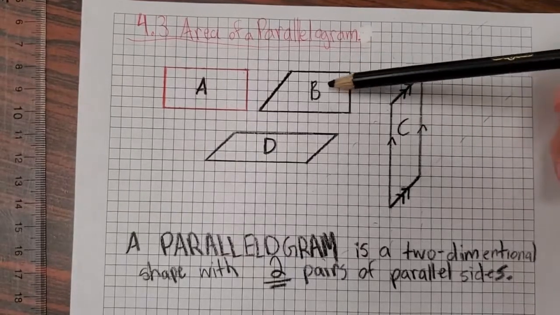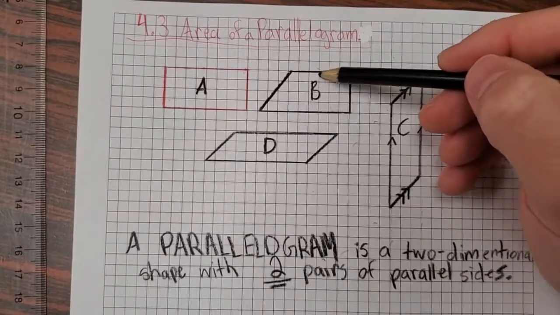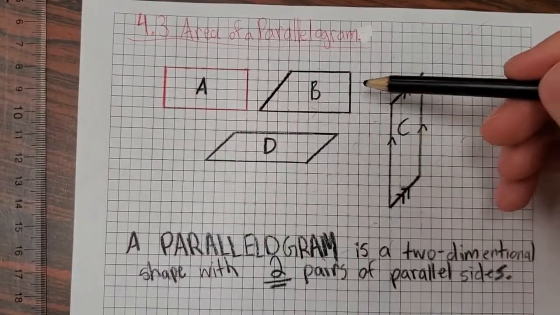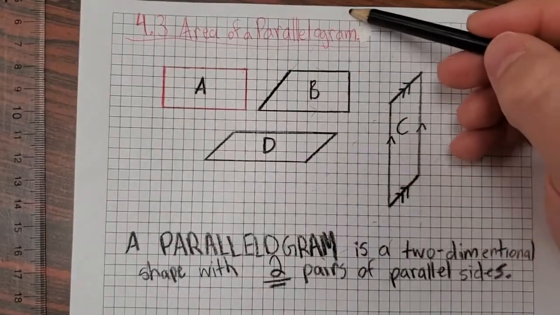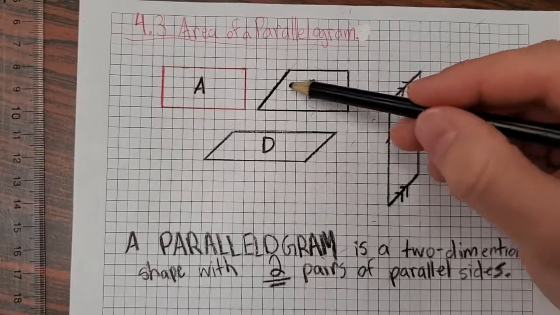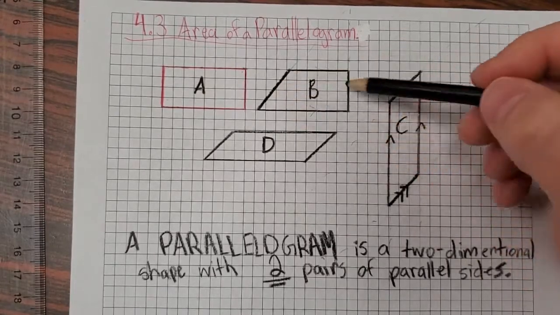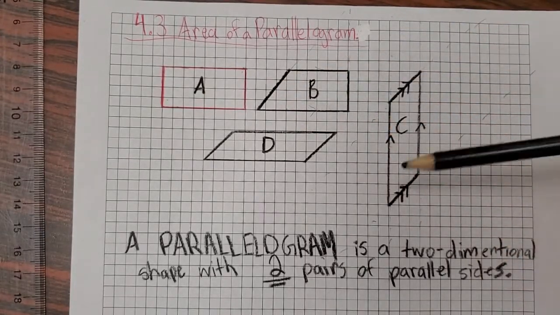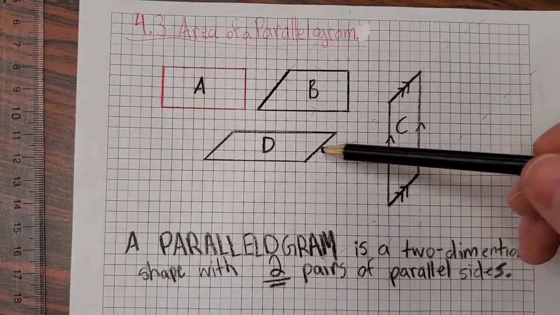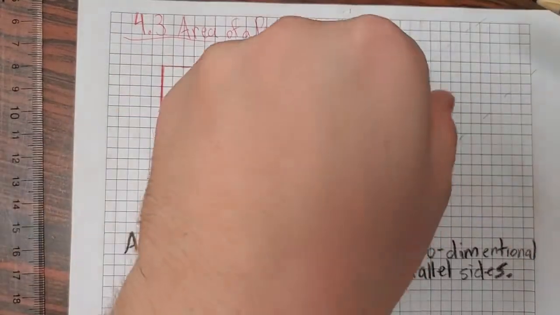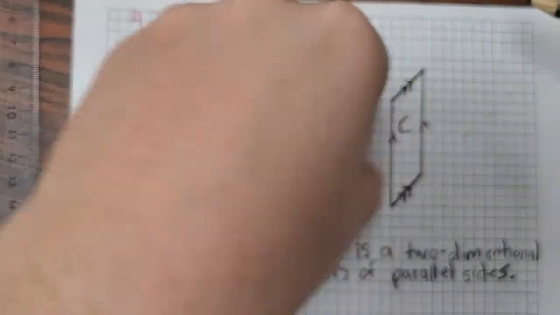What about B? You'll notice that there's one set of parallel lines there, but this line and this one, eventually they would cross over, which would say that this is not parallel to that, which means B would not be a parallelogram. D, if we look at it, is basically the same shape as C, it's just been turned.